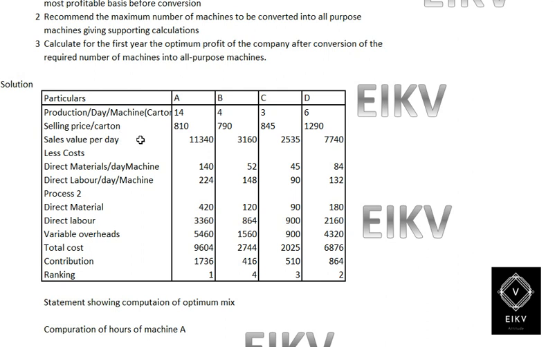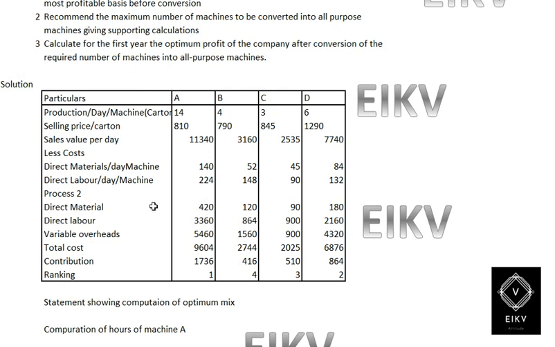Sales value per day, when we multiply the production per day per machine by selling price, is 11,340, 3,160, 2,535 and 7,740. Then we have direct material per machine 140, 12, 145 and 84 as given in the question, and direct labor also as given in the question.